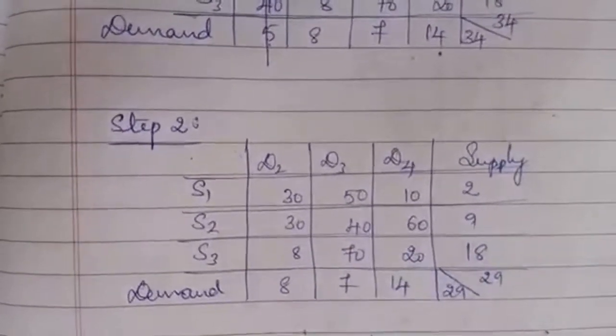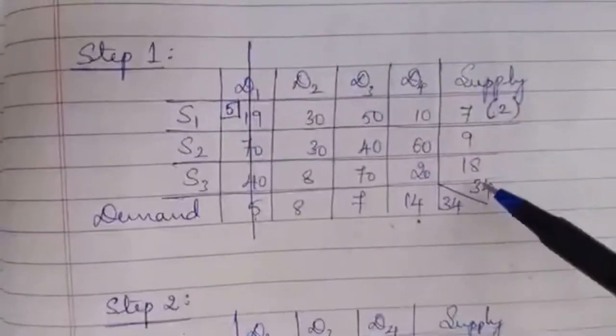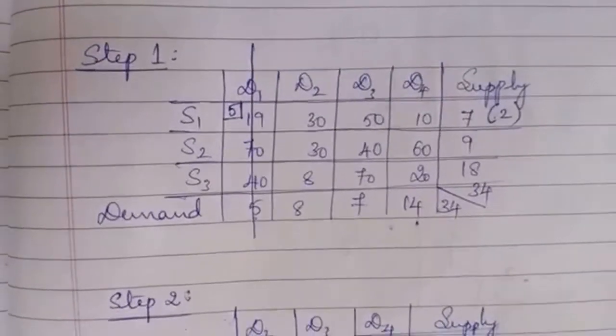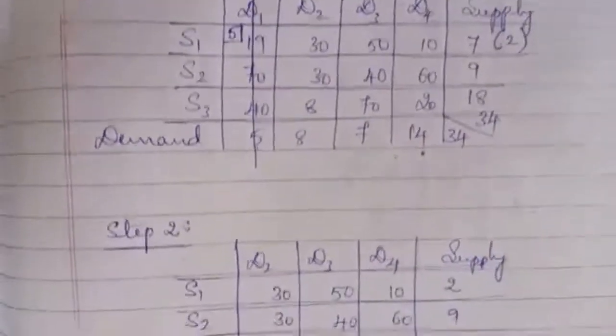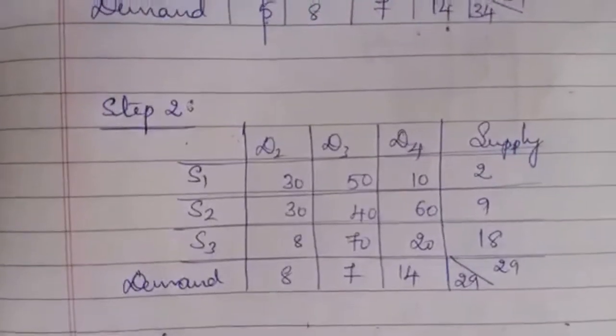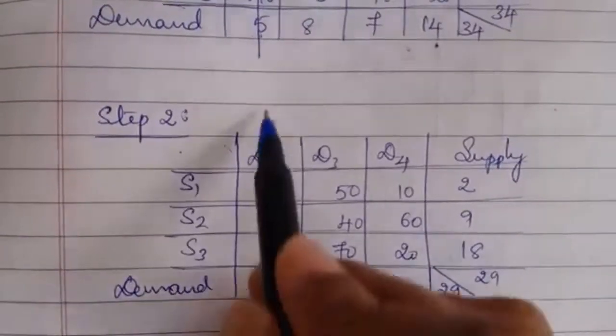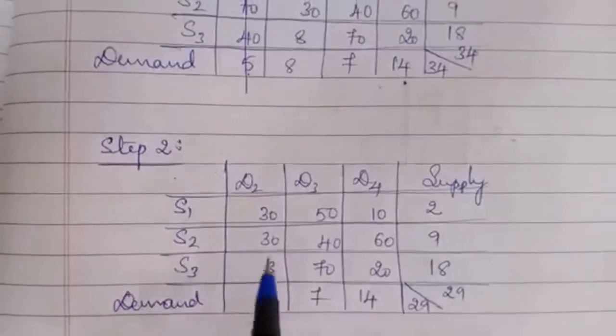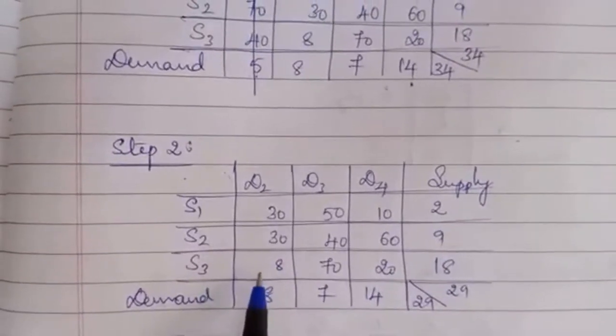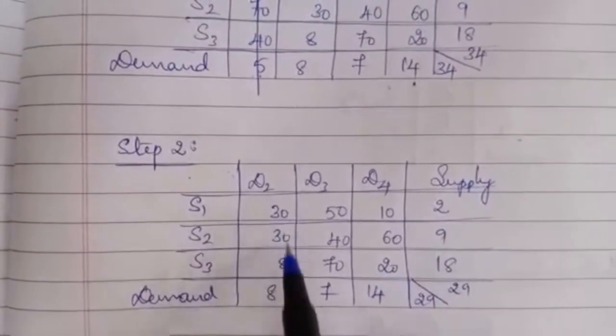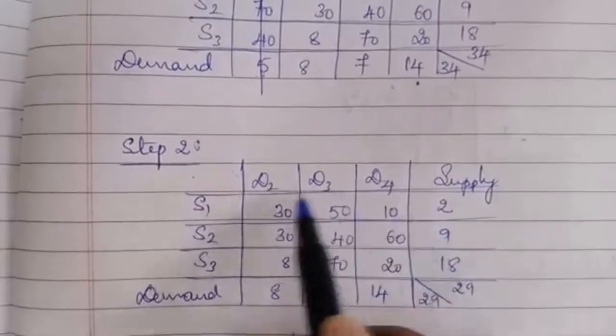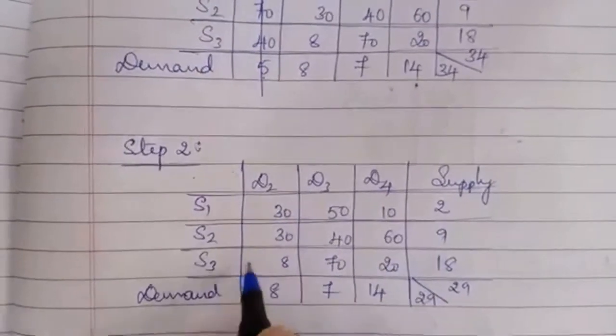I've just copied whatever we had in step 1 to step 2 with the updated supply and demand. Here, since we are doing the column minima method, we have to consider only the first column in this table. Out of these values of the cost matrix, 8 is the least value.